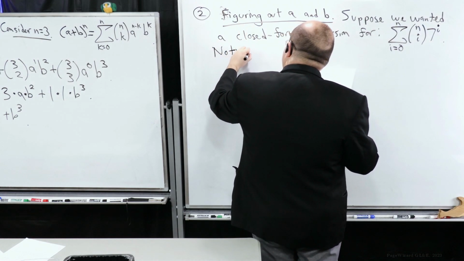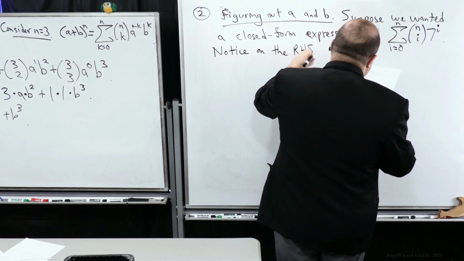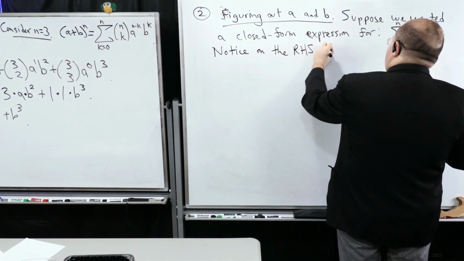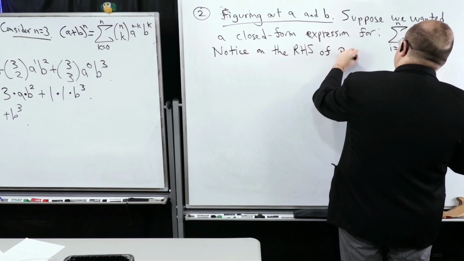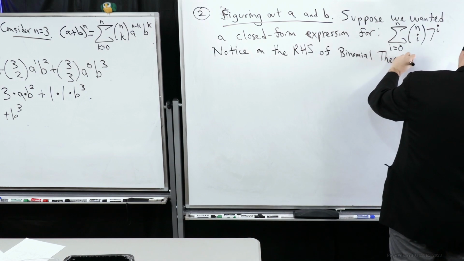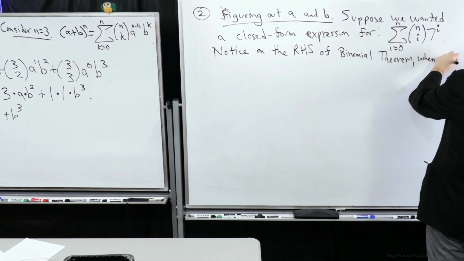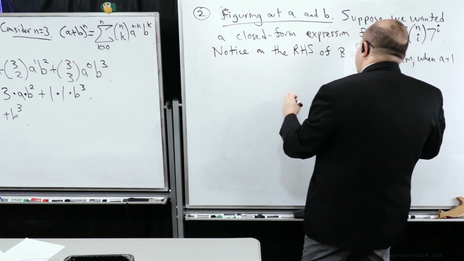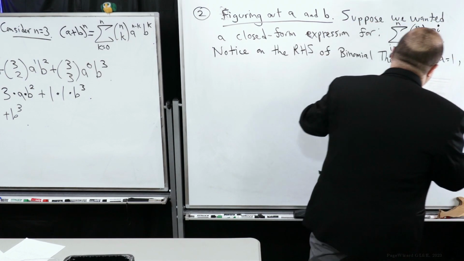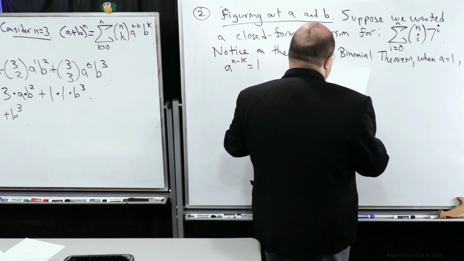Notice on the right-hand side of the binomial theorem, when A is equal to 1, then we have this property that A to the power of n minus k is equal to 1.